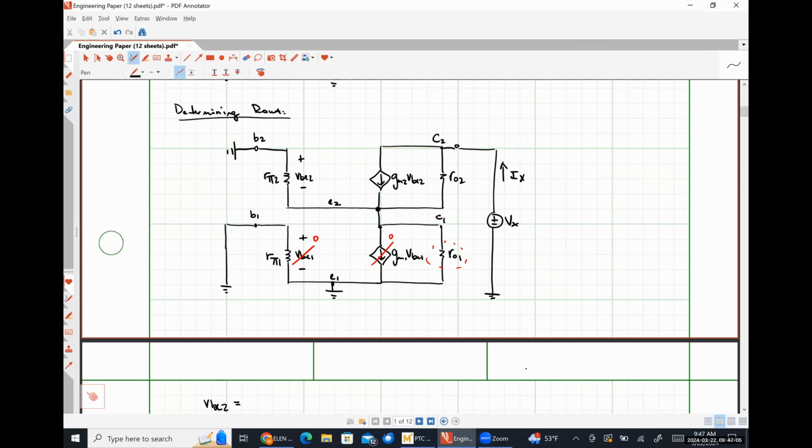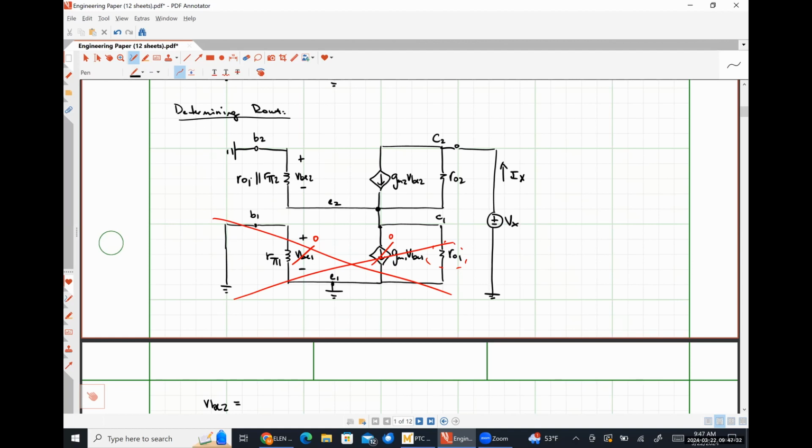So we could effectively eliminate this whole bottom part with this change. Everybody okay with that?